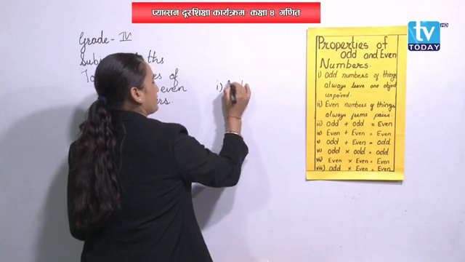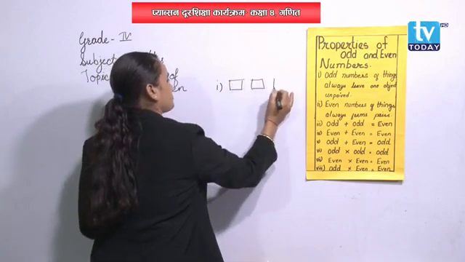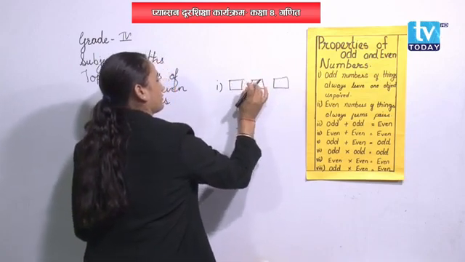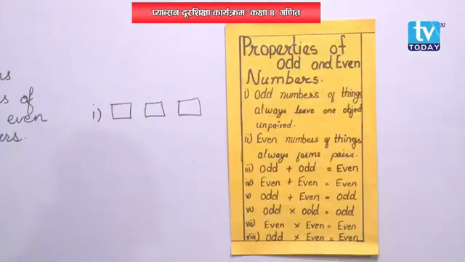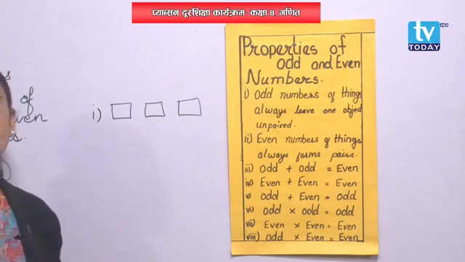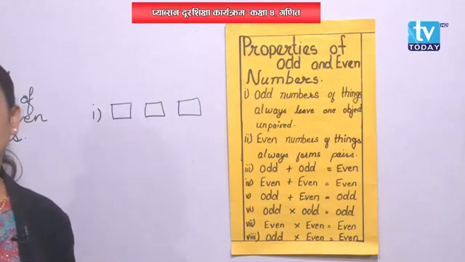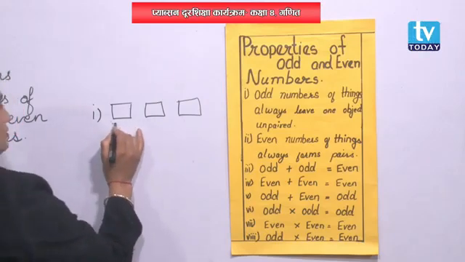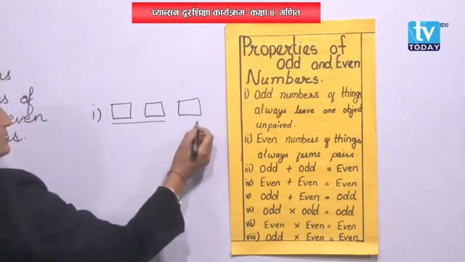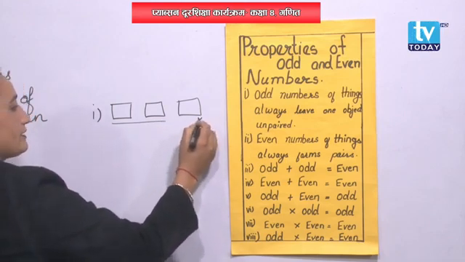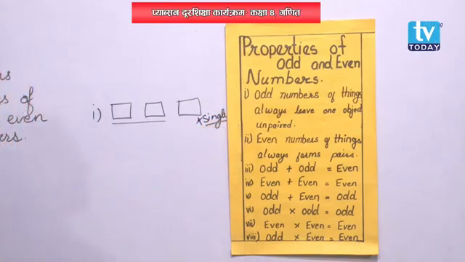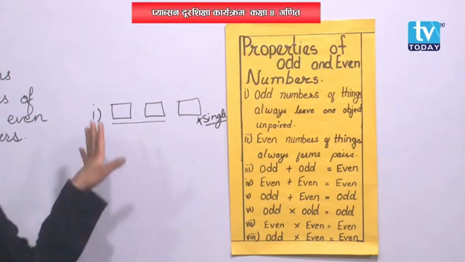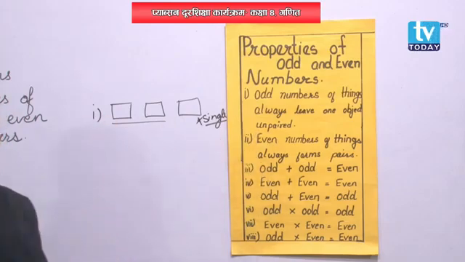I am going to make 3 boxes here. 3 rectangular boxes, right? In these 3 rectangular boxes, can you separate them pairwise? Of course, these 2 form a pair and this remains single. So we call it that an odd number of things always leaves one object unpaired.